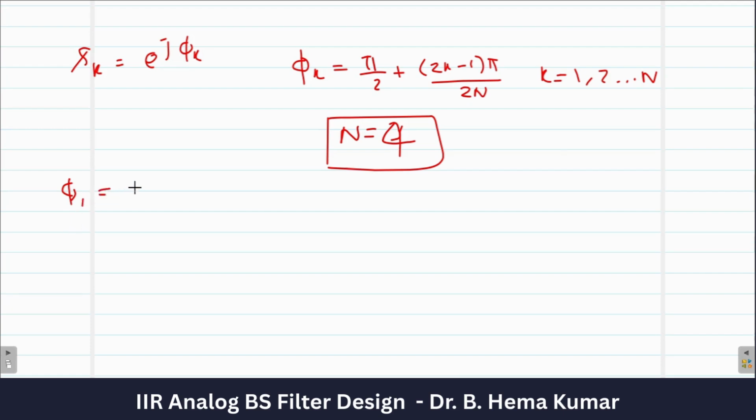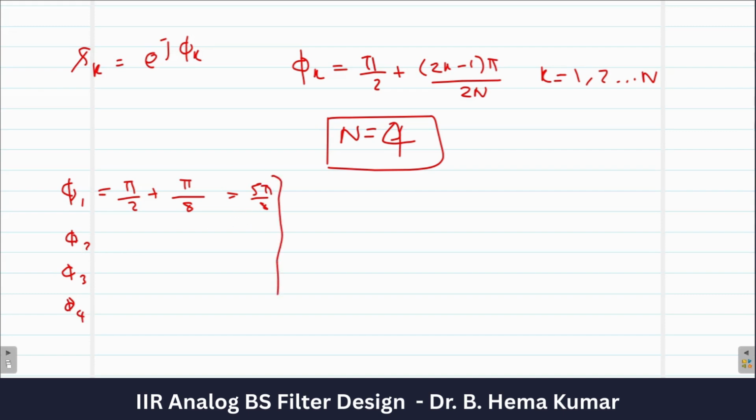So phi 1 is pi by 2 plus pi by 8, which comes to 5 pi by 8. Similarly you have to find phi 2, phi 3, phi 4.